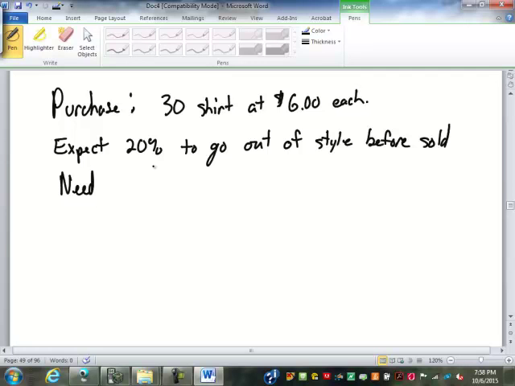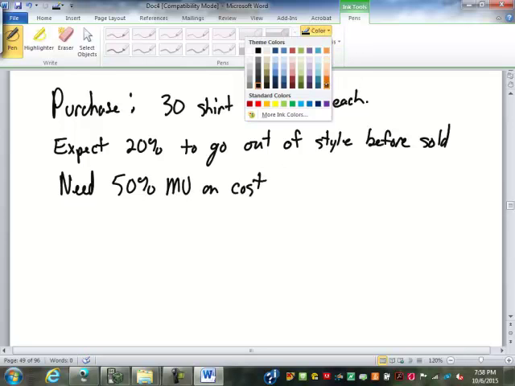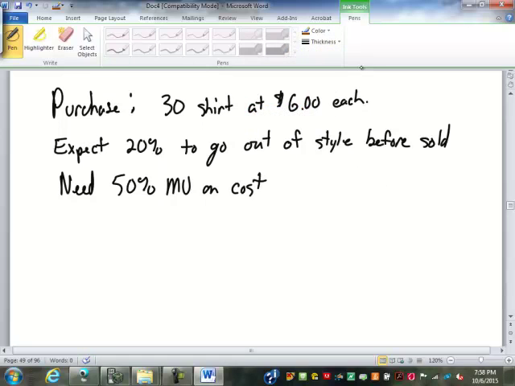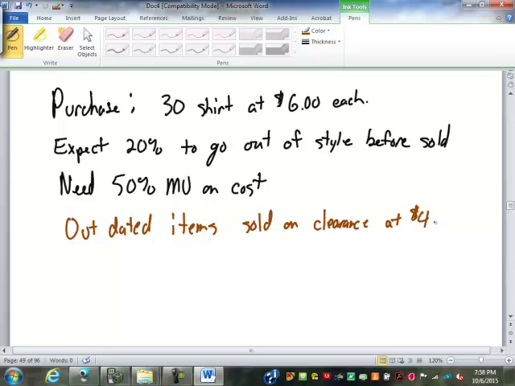Let's say you need to achieve a 50% markup on cost. And again, we're going to add this: outdated items or out of style items will be sold on clearance at $4 each.